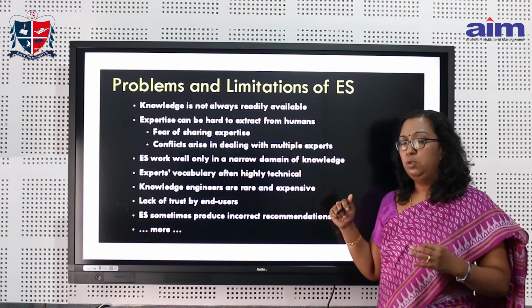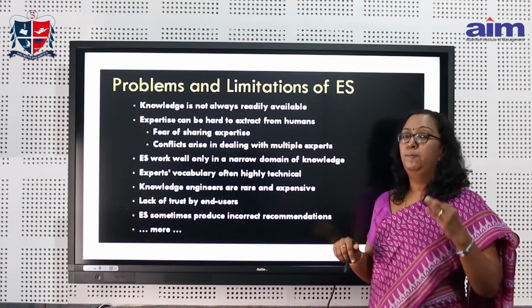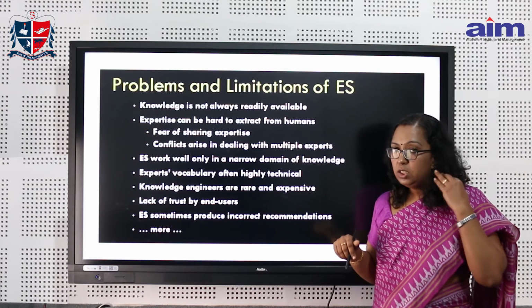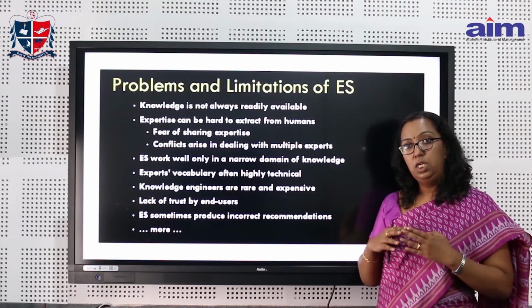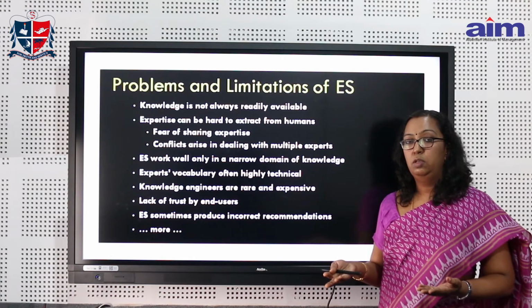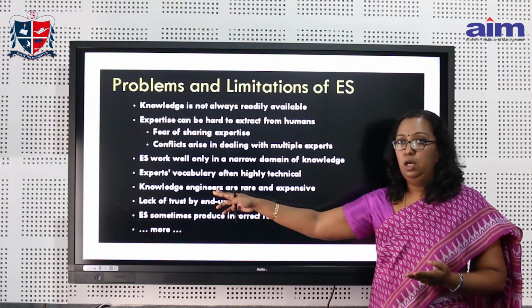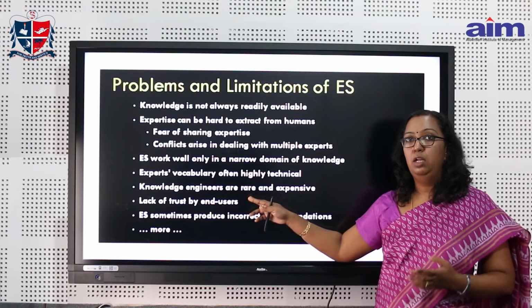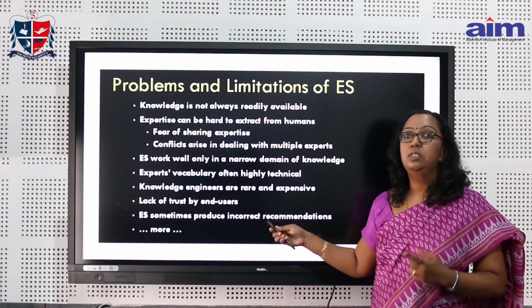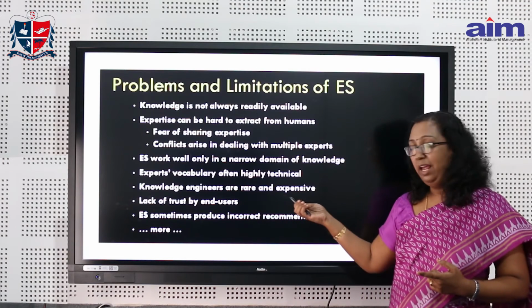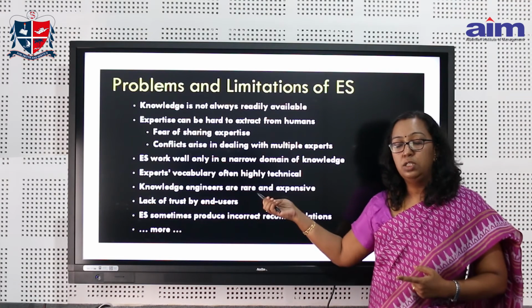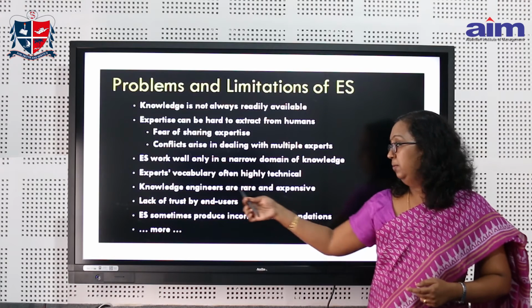It takes so much patience, effort, and skill to extract knowledge from the experts. And it needs to be verified also. So this is an area where you need specialized skills. These knowledge engineers are very rare in nature.